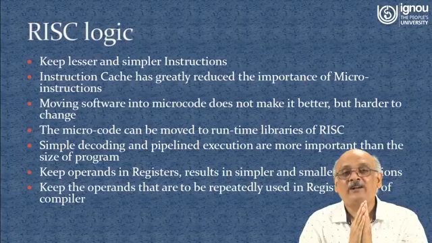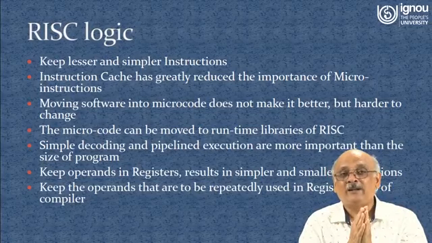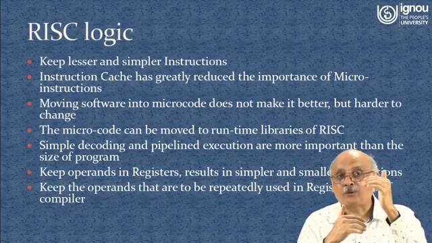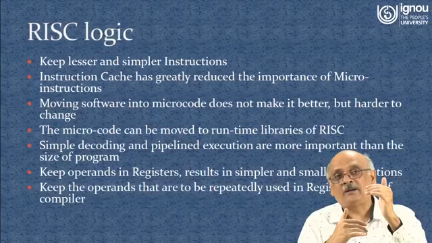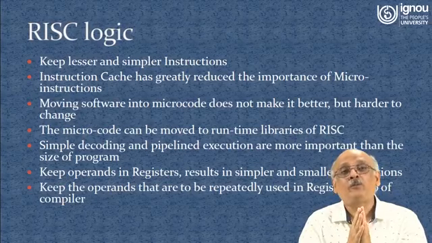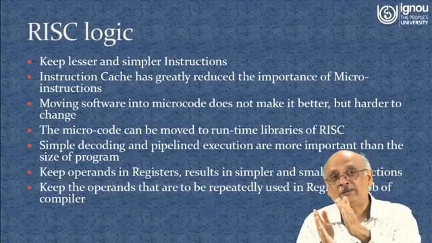Instruction cache has greatly reduced the importance of microinstructions. So we have cache memory, right? So probably we do not require big microinstructions or big size microprograms. That means we don't require a large number of instructions within the processor. Then, moving software into microcode does not make it better, but harder to change, because you have put it in the microcode, you have fabricated the chip, right?